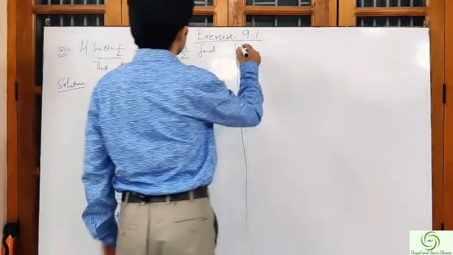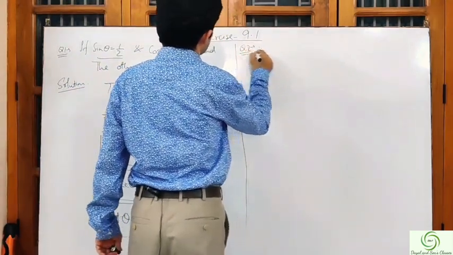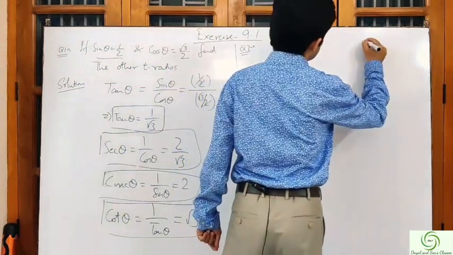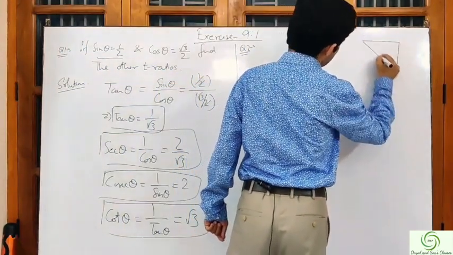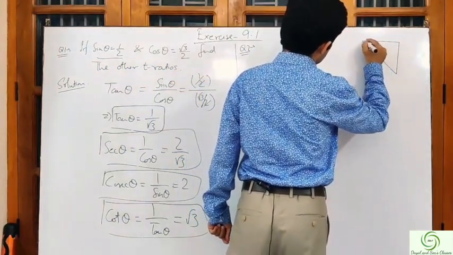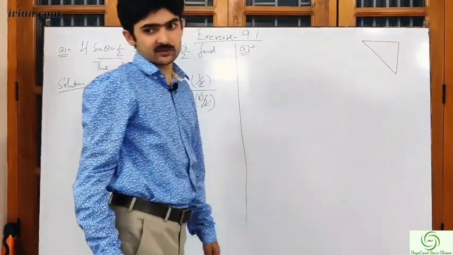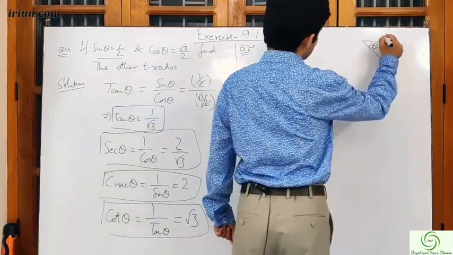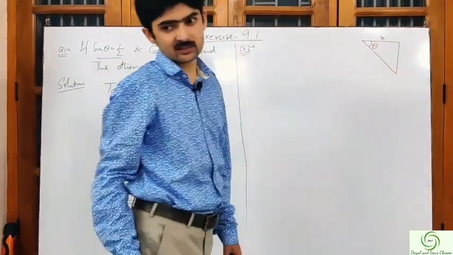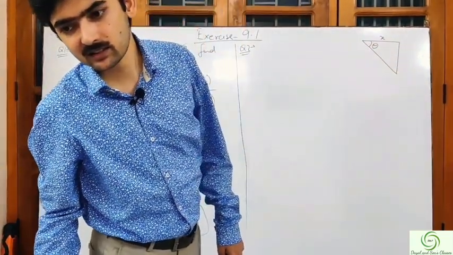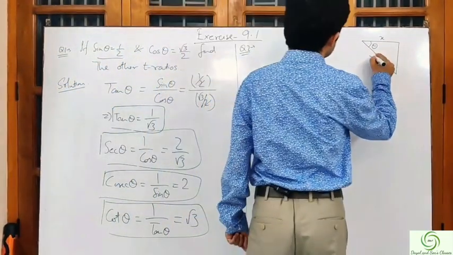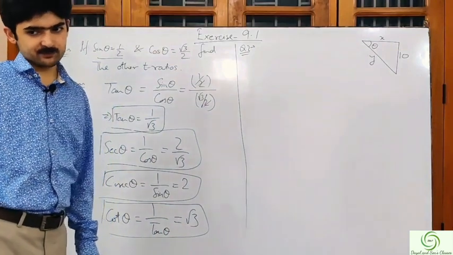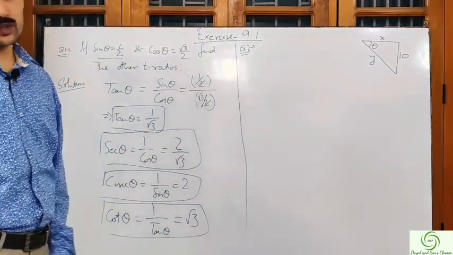Now let us come to question number 2. In question number 2, we are given a figure. In this figure the angle is theta, this is x, this is y, and this is given to us as 10. We are given x, y and 10.